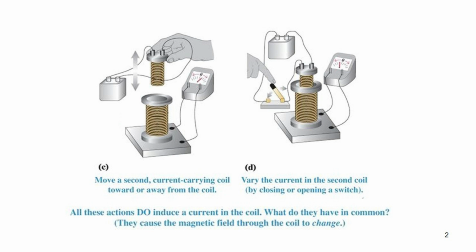Then for figure D, we also have a current carrying coil, but connected to a switch so that the polarity of the current can be changed. For both cases C and D, there is a change in the magnetic field, so the current will be induced in the circuit.